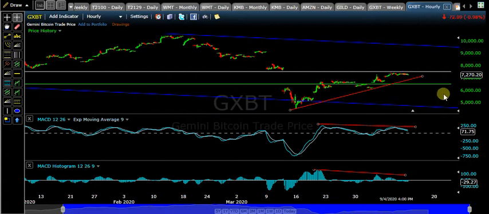So what possible trades are there? Now, there are two possible trades.